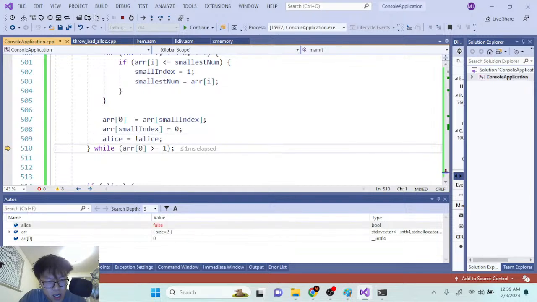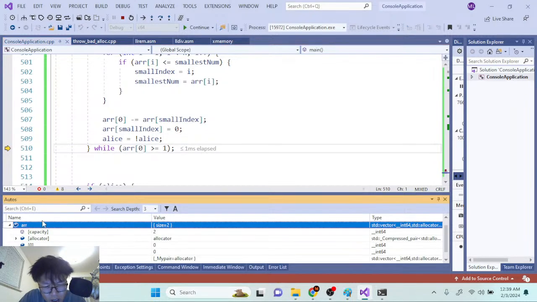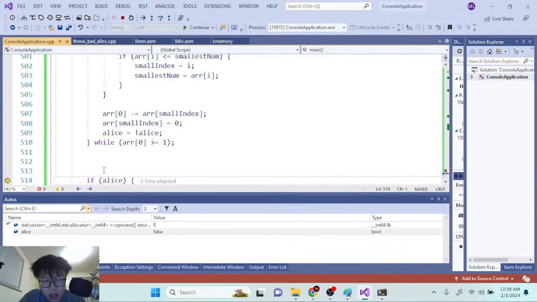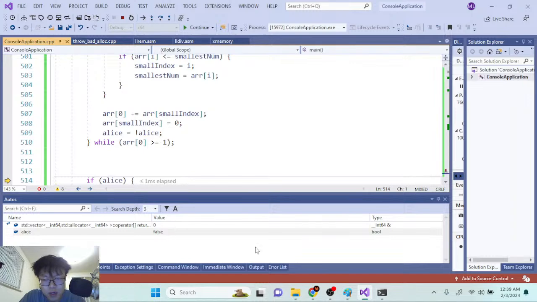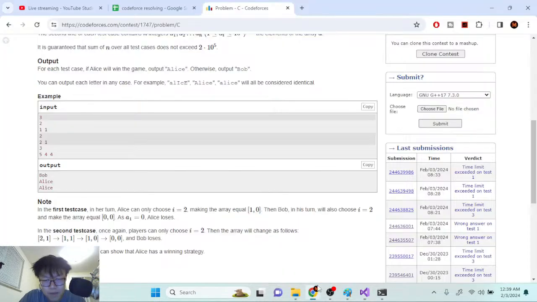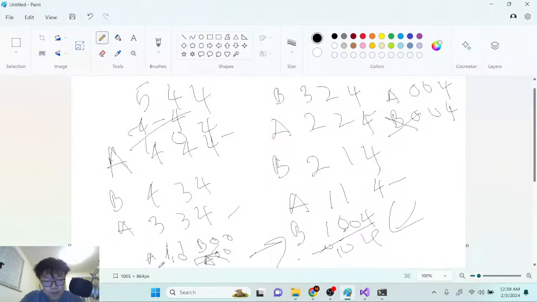Okay. Alice's turn. It's 0, 0. Right? It's not Alice's turn anymore. It's Bob's turn. But we hit 0, 0. So in this situation, we hit 0-0. Bob's turn hit 0-0.